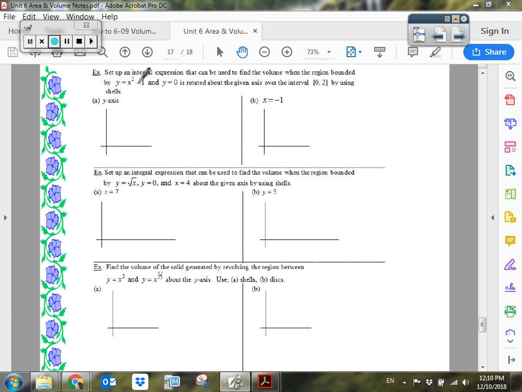Okay, so here's our parent parabola shifted up 1. It goes through 1, and y equals 0 is this part right here. And we're bound from 0 to 2, so we're bound right here at 2. So we start here.